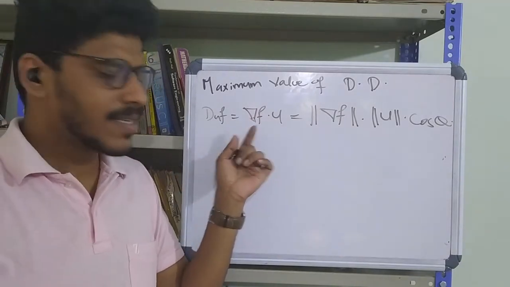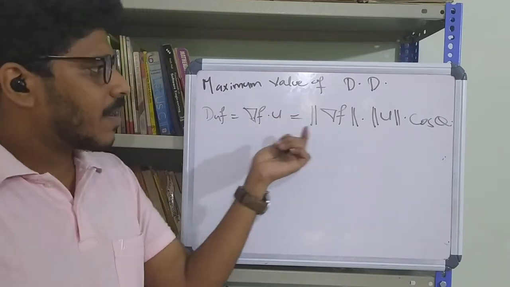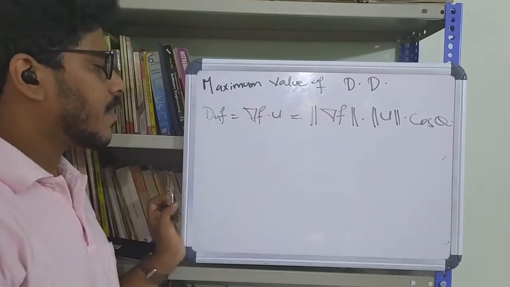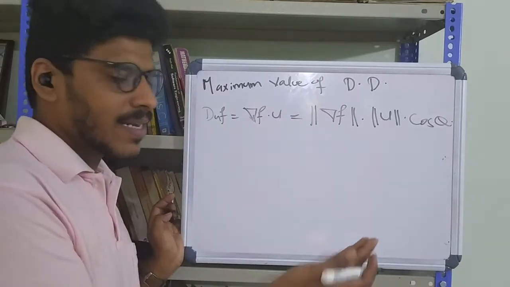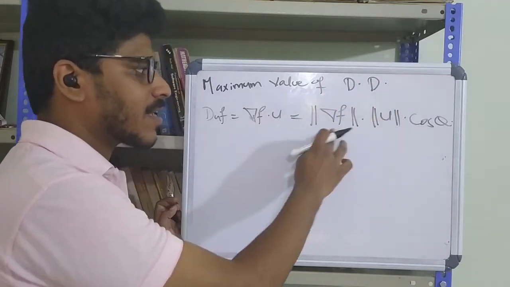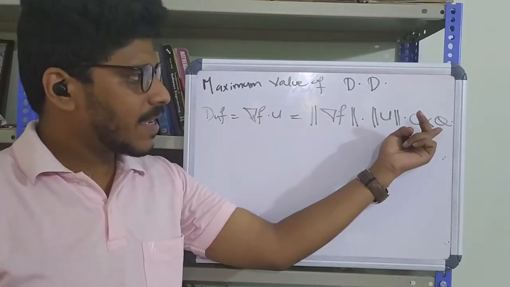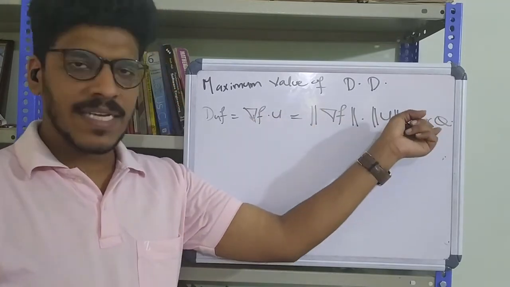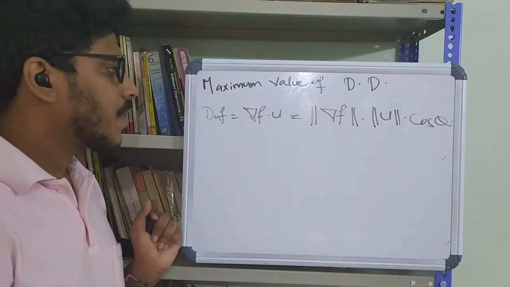You know that grad f is a vector and u is again a vector, a unit vector. Then we can think about the angle between these two vectors, and using that angle, grad f dot u can be rewritten as absolute value of grad f into absolute value of u. These are real numbers and this is the usual multiplication of real numbers. Again, theta is the angle between grad f and u. Cos theta is again a real number.